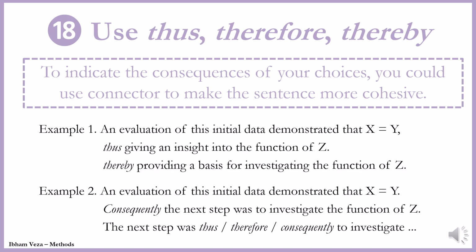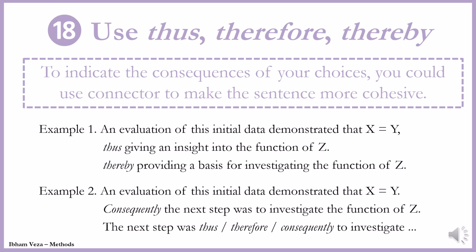18. Connect ideas using thus, therefore, and thereby. To show the consequences of your research decisions, connectors like thus, therefore, thereby, and consequently help your writing flow naturally. Example 1: "An evaluation showed X equals Y, thus giving insight into Z, thereby providing a basis for further study."